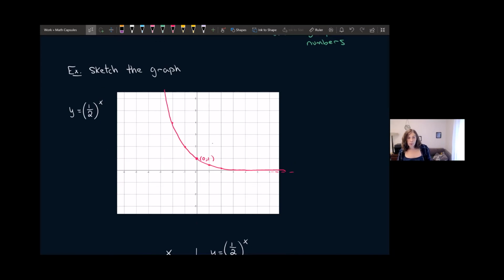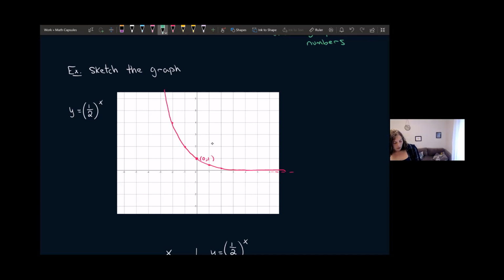So I've plotted my points, and what I can see is I have the same basic idea as before. I'm still passing through the point 0, 1. I'm still getting very large y values very, very quickly on one side and very, very small positive y values on the other side. But those two sides have flipped compared to 2 to the power of x.